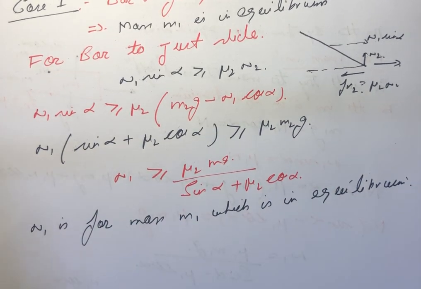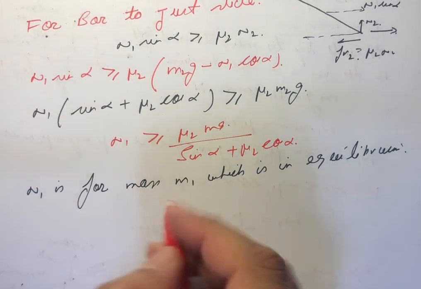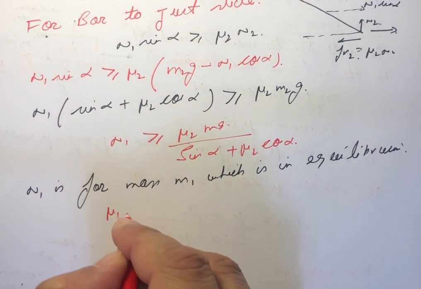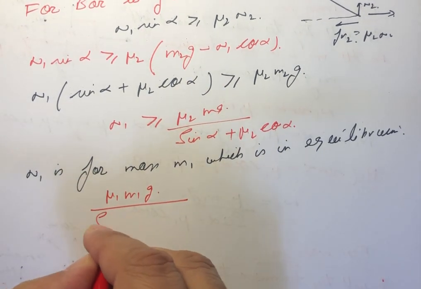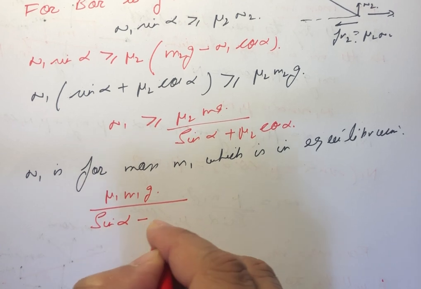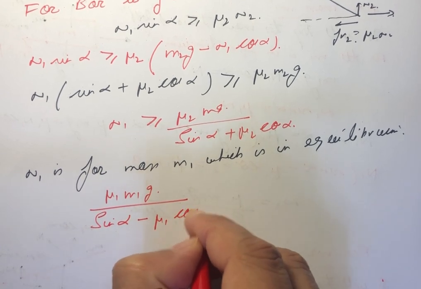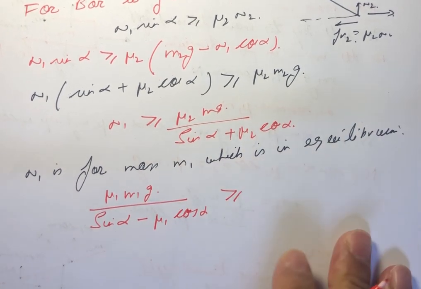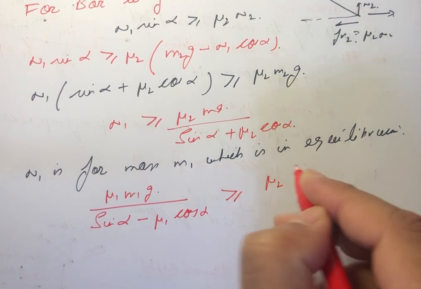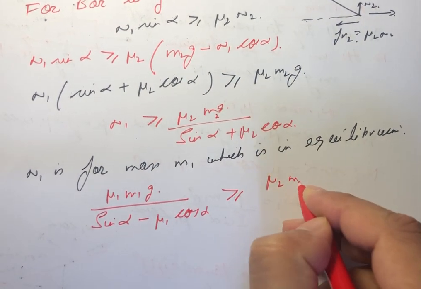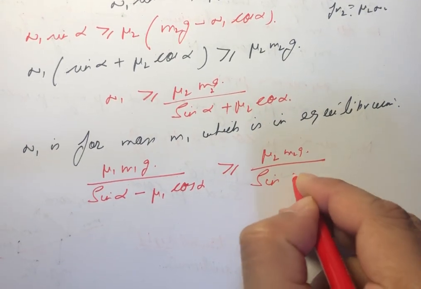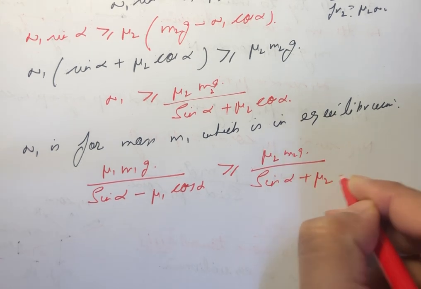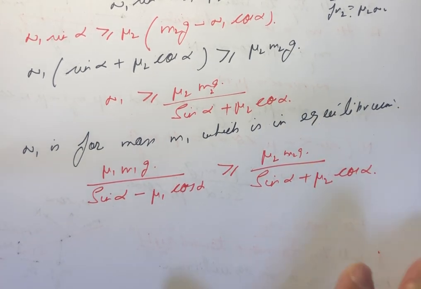We substitute it, so mu1 m1 g divided by (sin alpha minus mu1 cos alpha) is greater than or equal to mu2 m2 g divided by (sin alpha plus mu2 cos alpha).